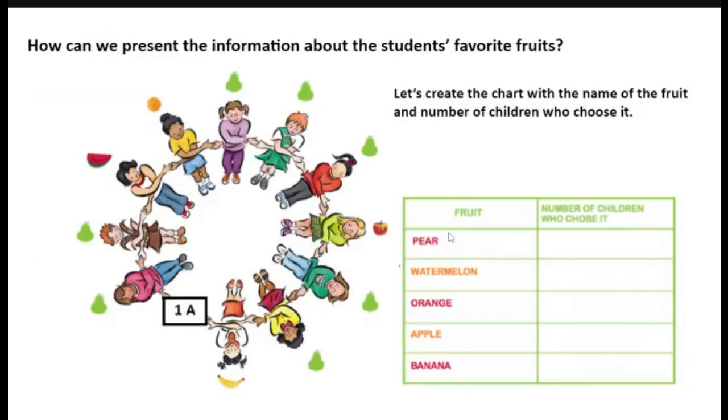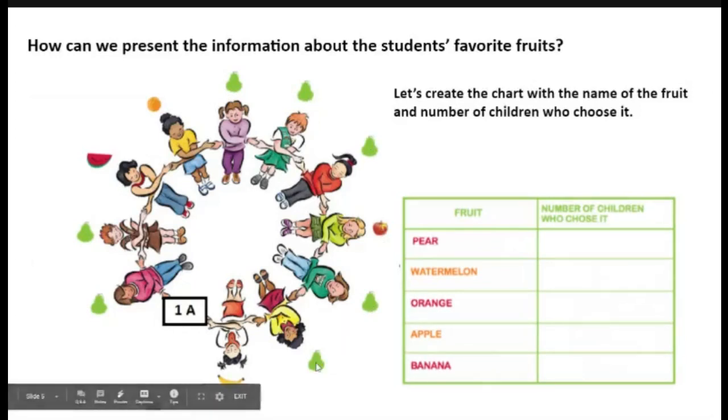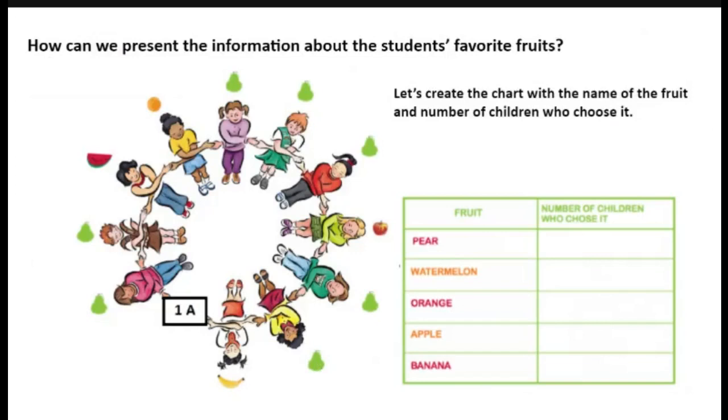Let's look at pear. How many children like pear? Let's count. 1, 2, 3, 4, 5, 6, 7. 7 children like pear.